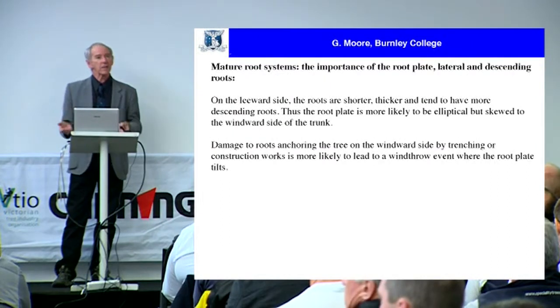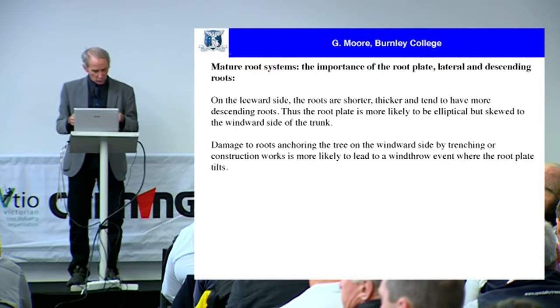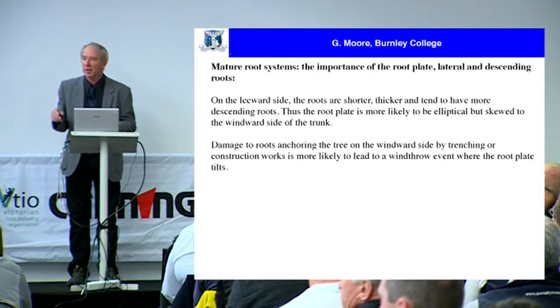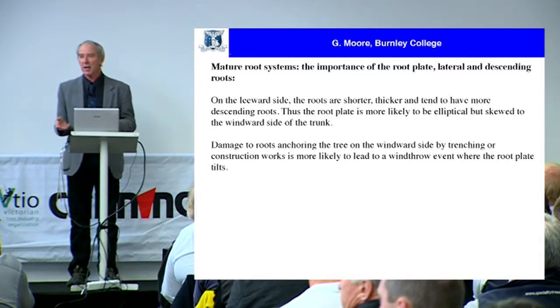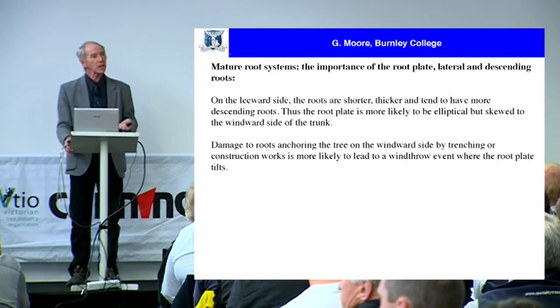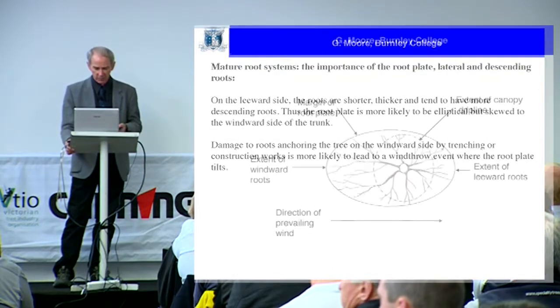Now, one of the things that I did want to mention today is that root systems are not necessarily symmetrical. And this is something that you all know and that I've referred to already a couple of times. But it's really important if there is a windward side to a tree to be aware of this.